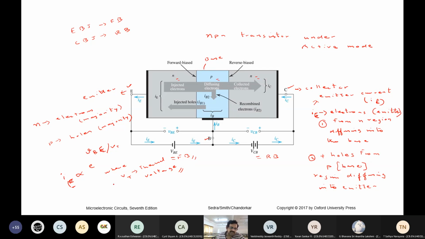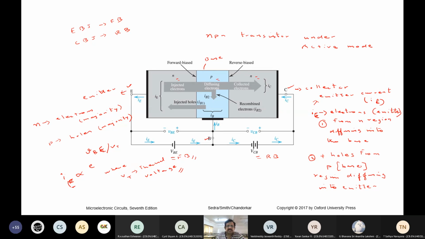But remember, this small i E is proportional to e power VBE, which is the small v, the voltage developed across this junction, by VT. So depending on how much voltage is developed, that much current will flow. Whereas this capital V is the bias voltage, so don't get confused.